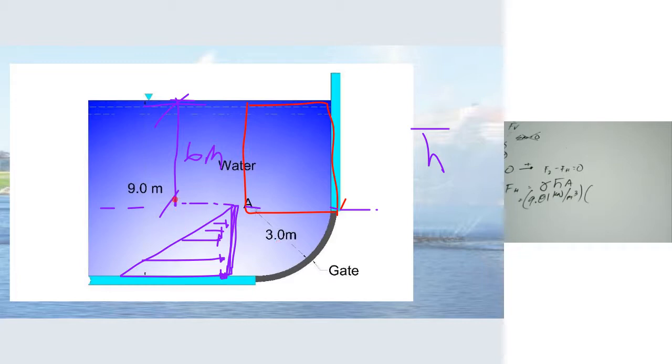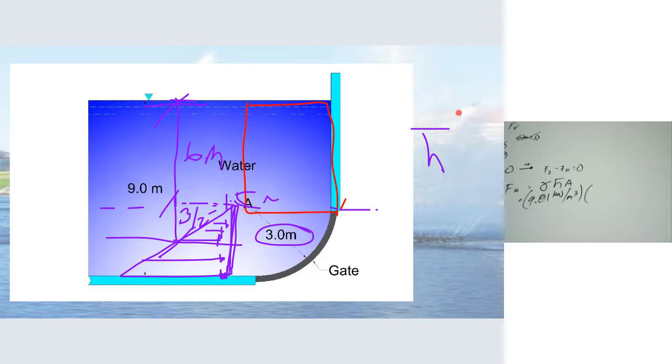And then we should get the half of 3 meters. Okay? So this is 3 over 2. This is equal to 1.5. Okay? So let me repeat that.